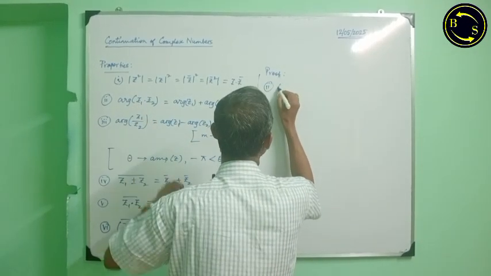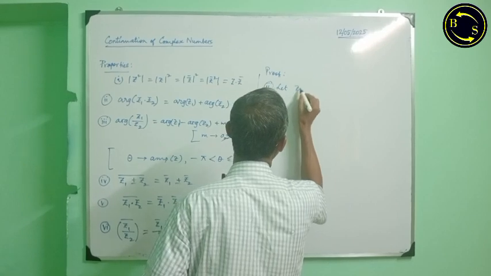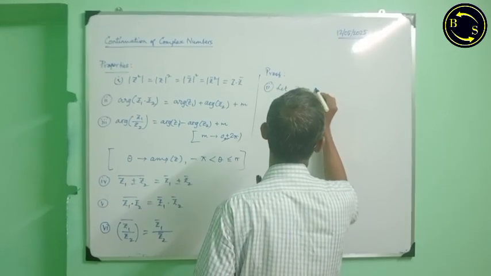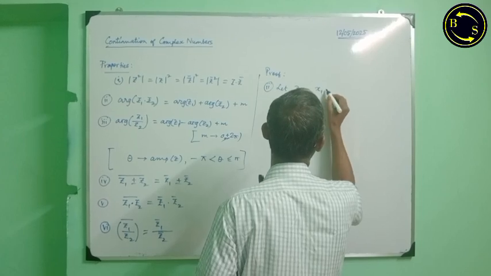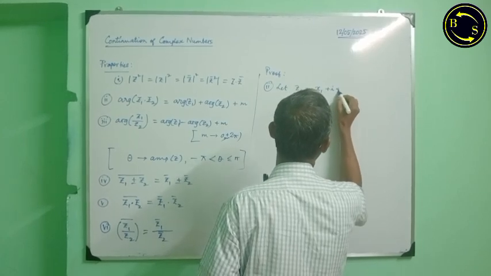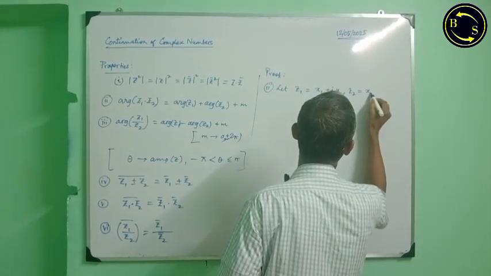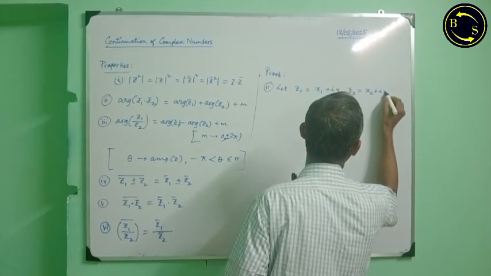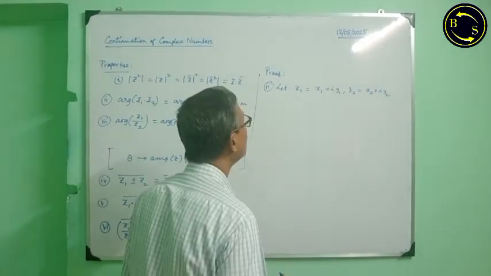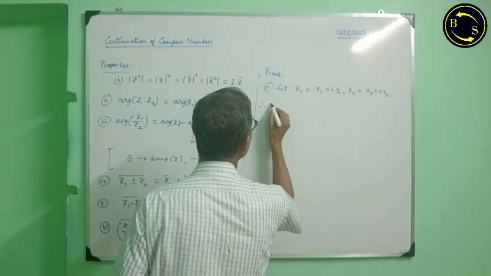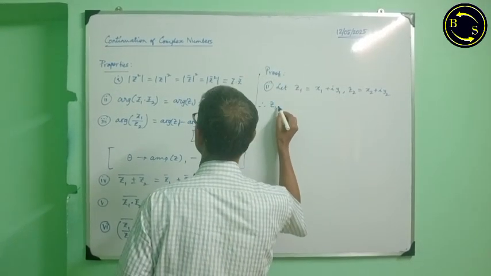We take two complex numbers. First we multiply.